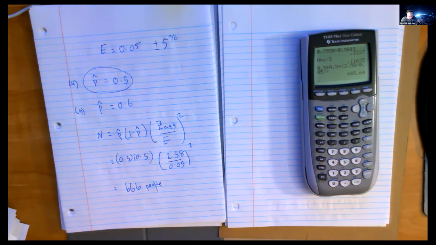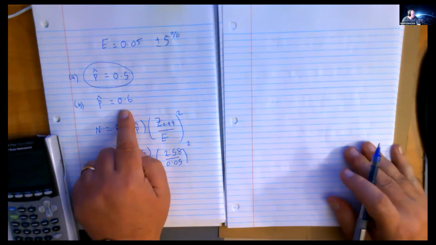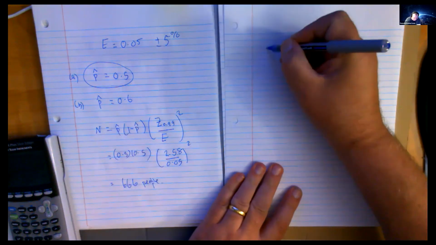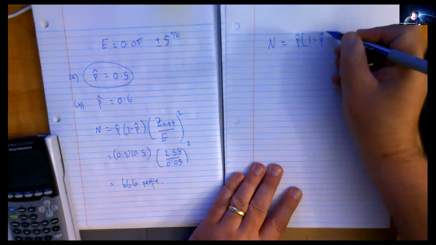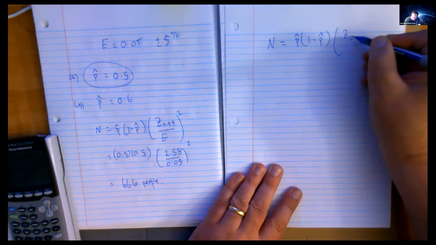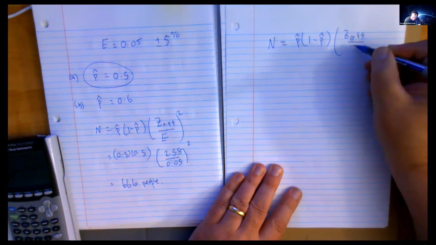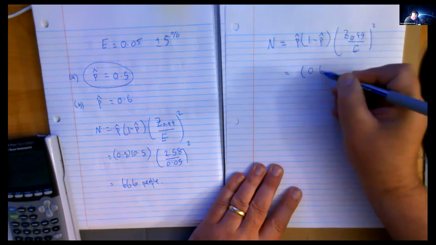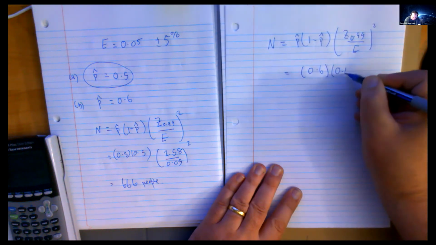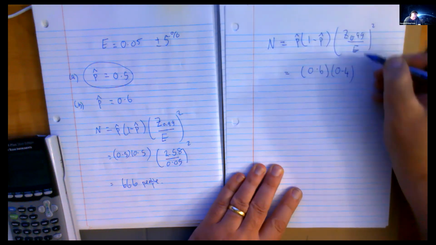Okay. Now the second question went and said, we believe the answer is probably 60%, somewhere there. So our formula just adapts a little bit. And p-hat now is going to be 0.6. 1 minus p-hat is going to be 0.4, and this stuff here is going to be exactly the same.